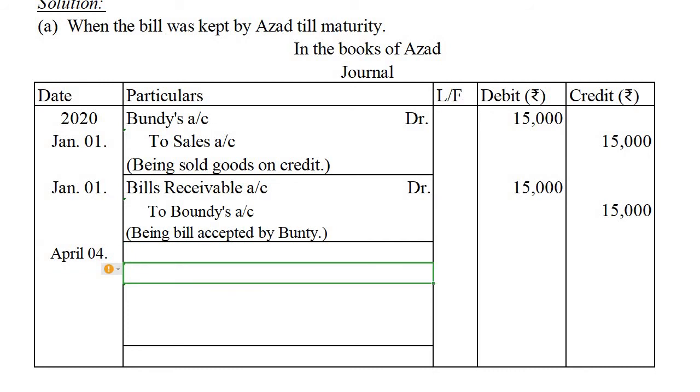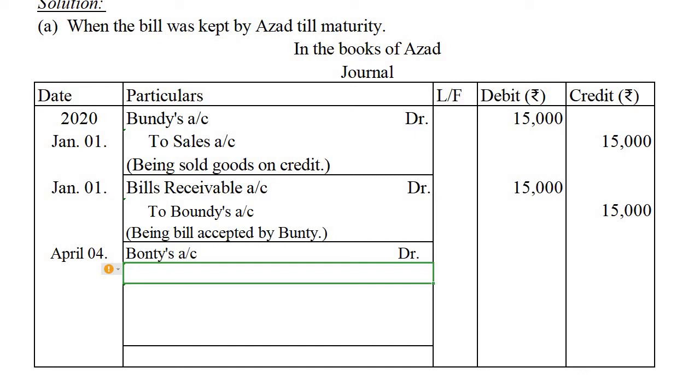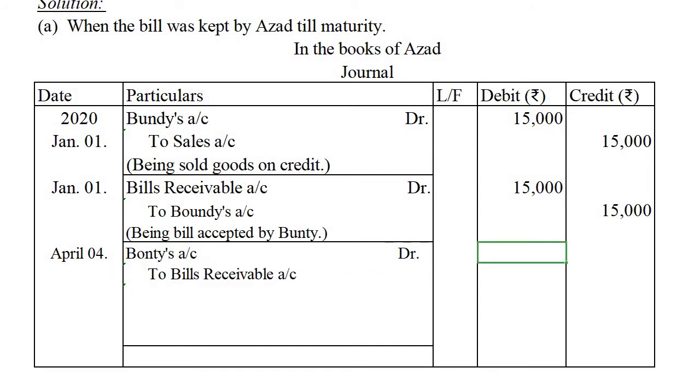So on that date he failed to pay the bill. So we will write Bundy's account debit to bills receivable.